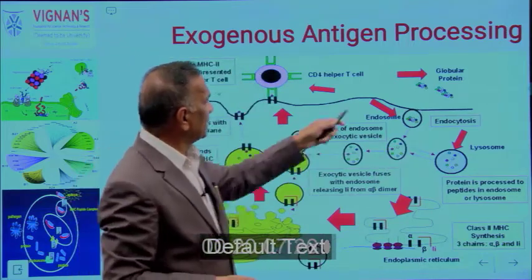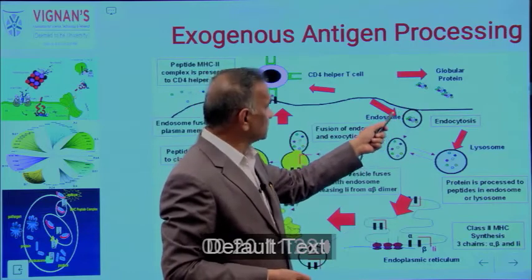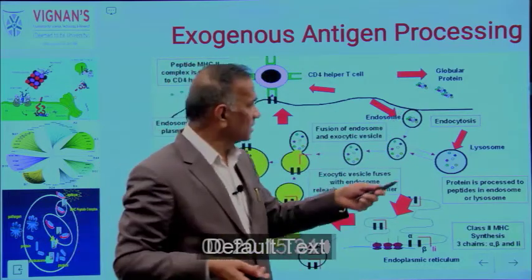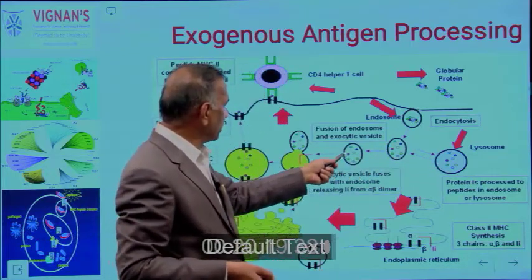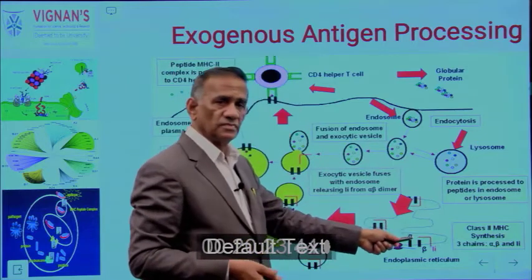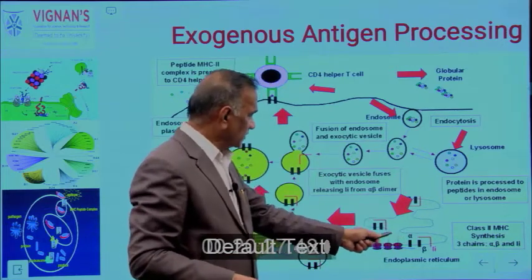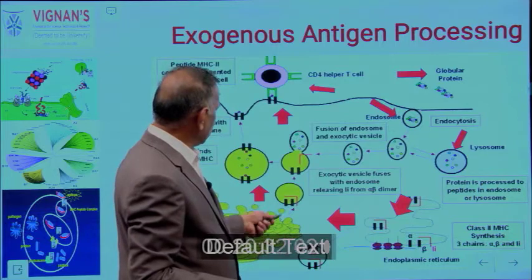Again I will explain here. This is the globular protein. It is taken by the endosome. So this globular protein needs to be digested into fragments called epitopes. For that lysosomal enzymes will be useful. So it keeps happening here. Meanwhile, this MHC class 2 is being made from the endoplasmic reticulum, along with the invariant chain, and once it is made, it is being released.